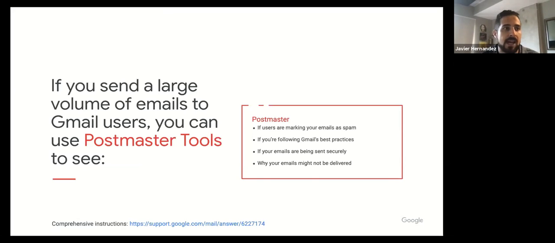You'll also get access to a bunch of best practices that we share with all of our stakeholders. You'll know if your emails are being sent securely and whether your domain is authenticated, and you'll get valuable information as to why your emails might not be delivering.